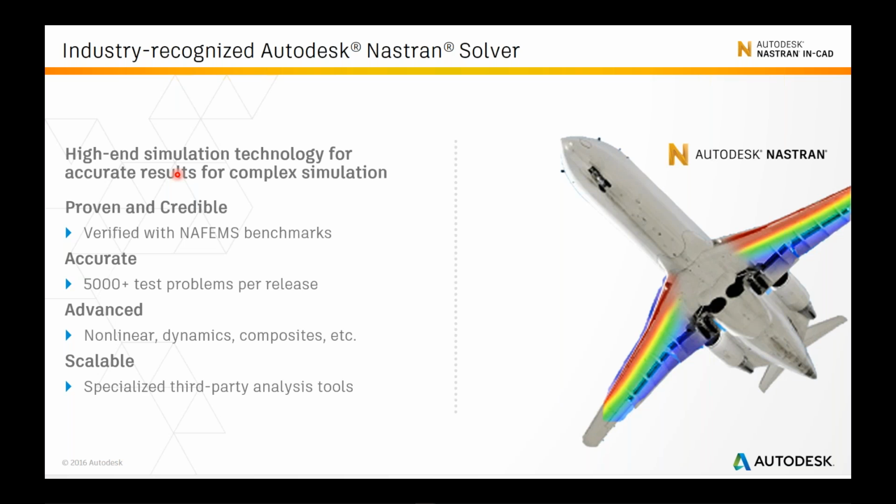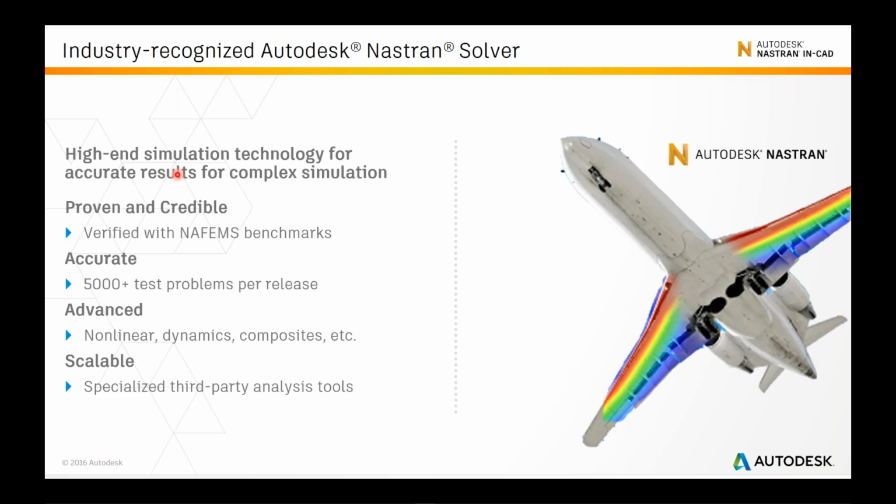Here I want to give a thought process: every FEA vendor in the industry validates their solutions, and where they go to validate is NAFEMS. NAFEMS is an independent research organization that helps us check the accuracy of the solutions against benchmarks with real-life problems.